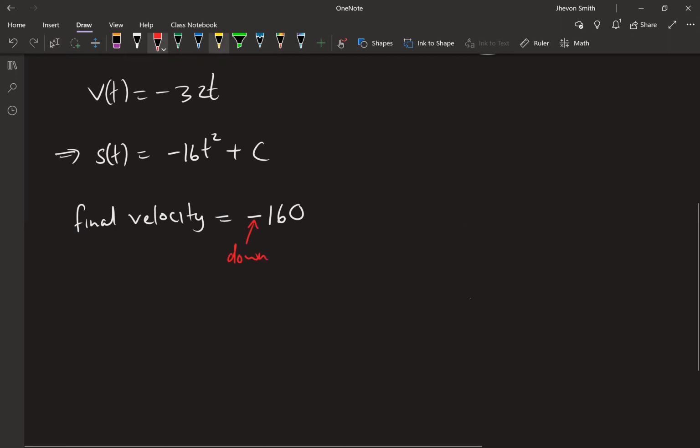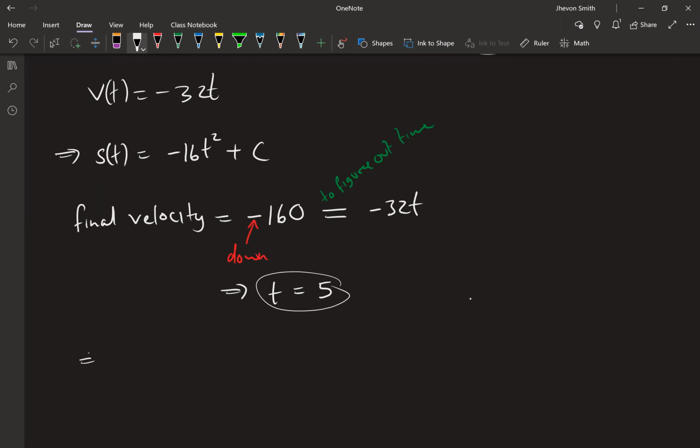So set this equal to -32t, and we're setting this equal to that to figure out time. And so this means t is equal to what here? 5.